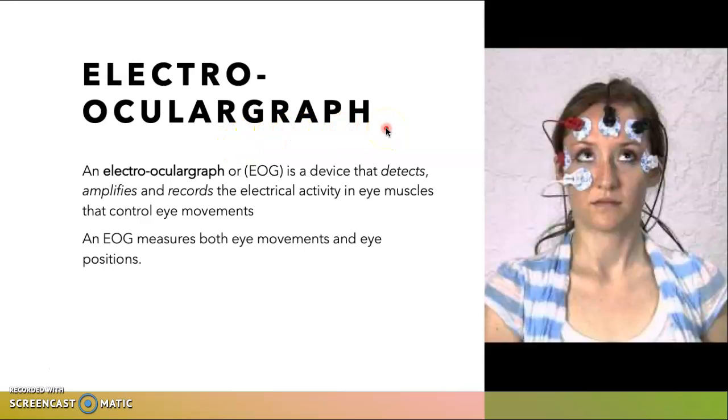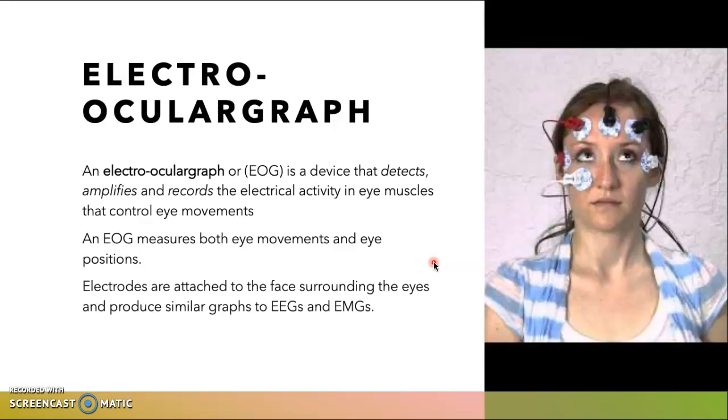And we're looking at the eye movement in this case. So it measures eye movement and eye positions. And you can see electrodes get placed not on the eye itself, but around the eye. And it's detecting muscle movement around your eye.